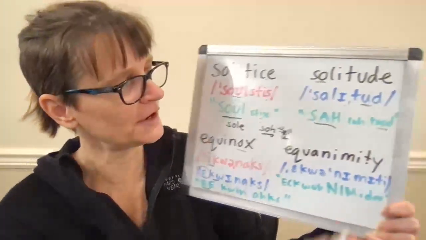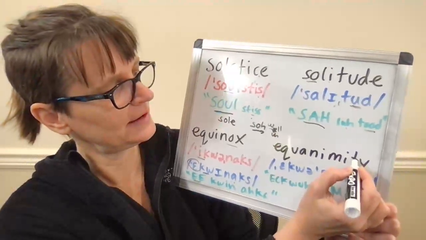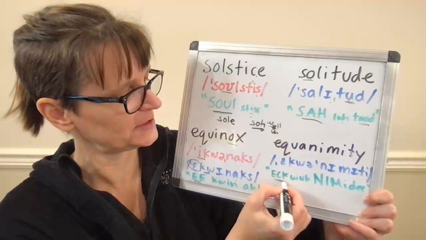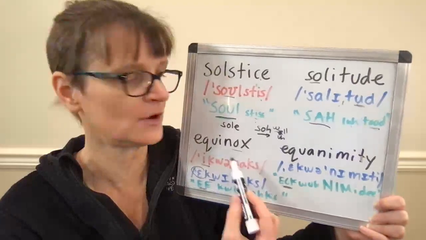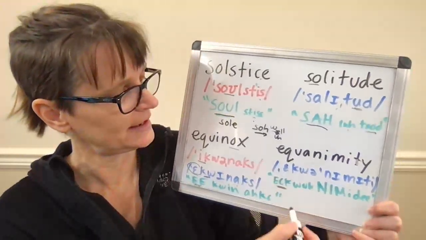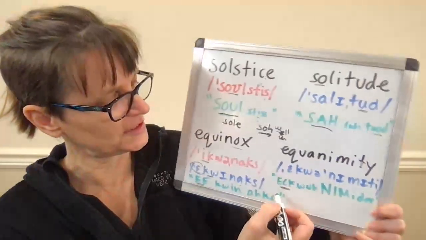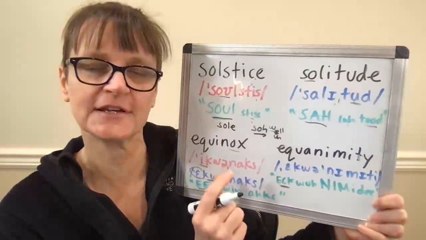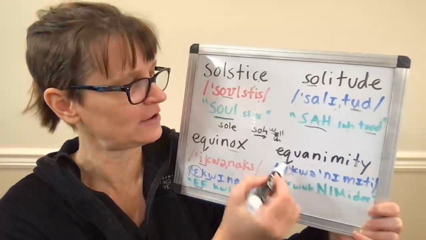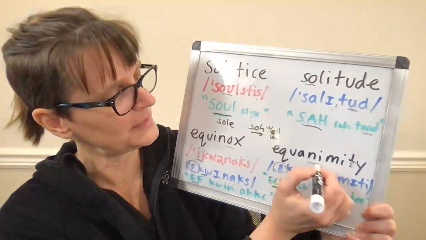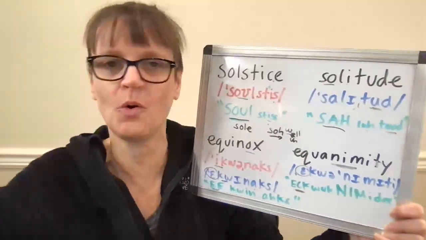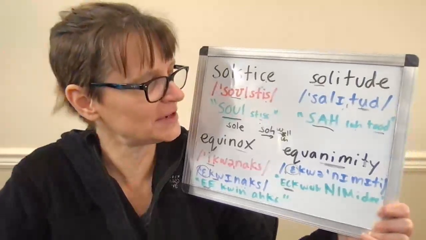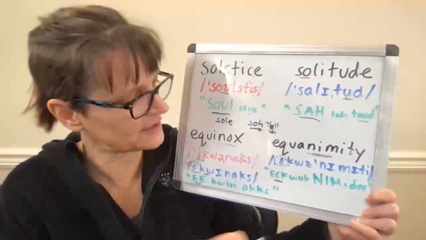And then we have the word equanimity. This also has first syllable stress, but doesn't have two pronunciations. We can't say equanimity with a tense E, only with the short vowel. And the ek syllable is not stressed. It has a little secondary stress because of that clear vowel, but in equanimity, our nim syllable is where we have the stress. So you want to hold your nim longer and be shorter and more reduced on the other sounds.